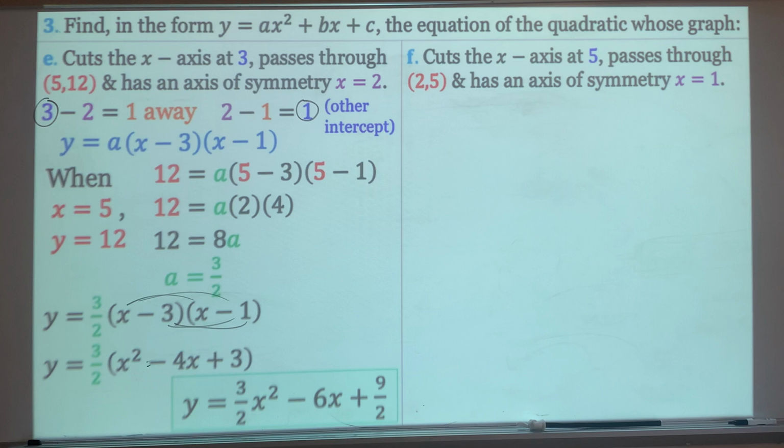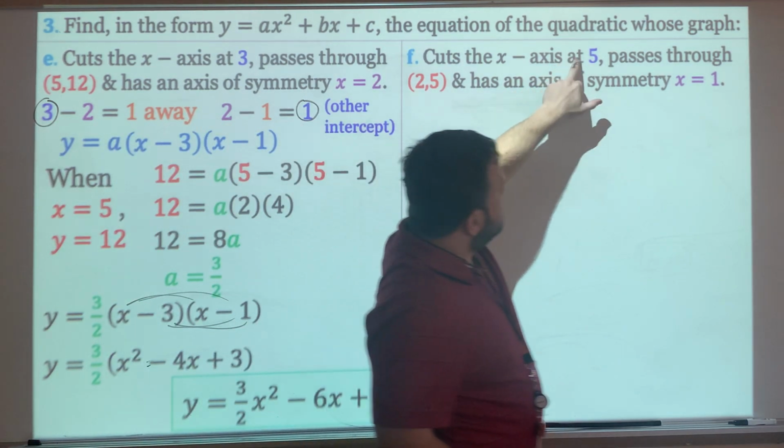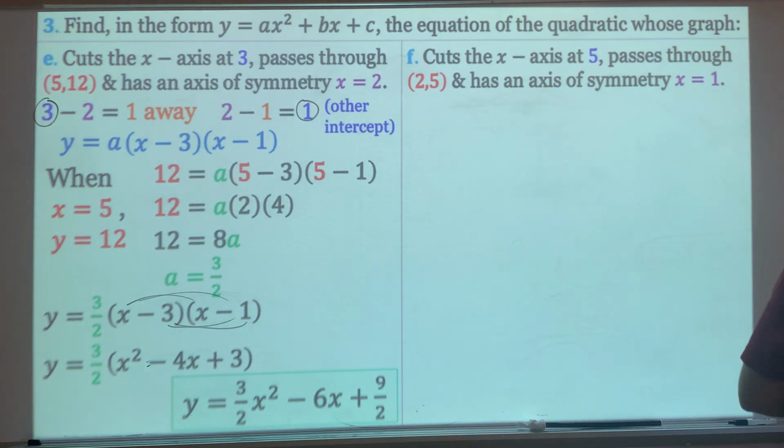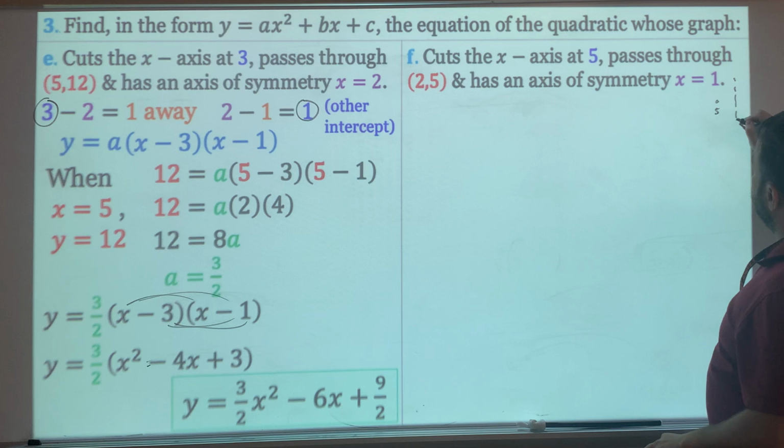All right, do problem 4. It cuts the x-axis at 5 and has an axis of symmetry at 1. So if you really think about it, it cuts at 5 over here, and you have the axis coming down at 1.